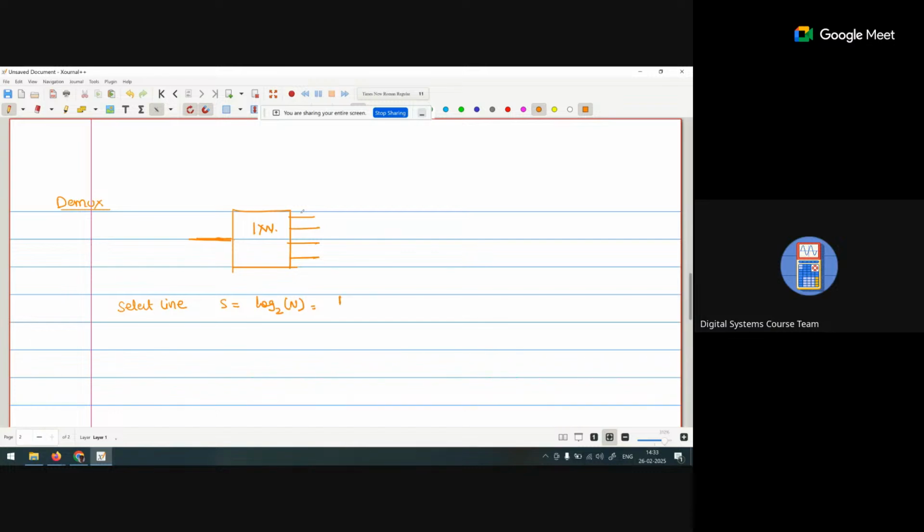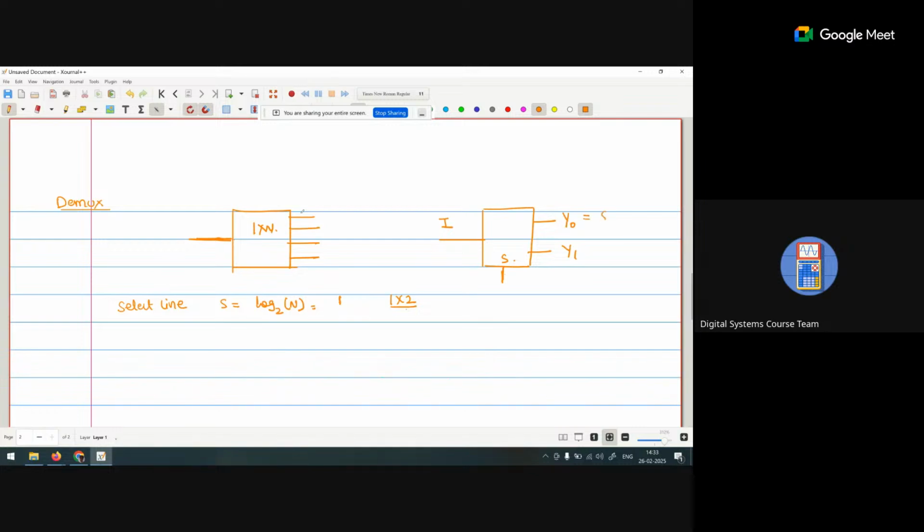If I am talking about 1 cross 2, it has 1 input line, that is I, and 2 output lines, that is Y0 and Y1. On the basis of this we are taking the select line. So what is the equation for Y0?